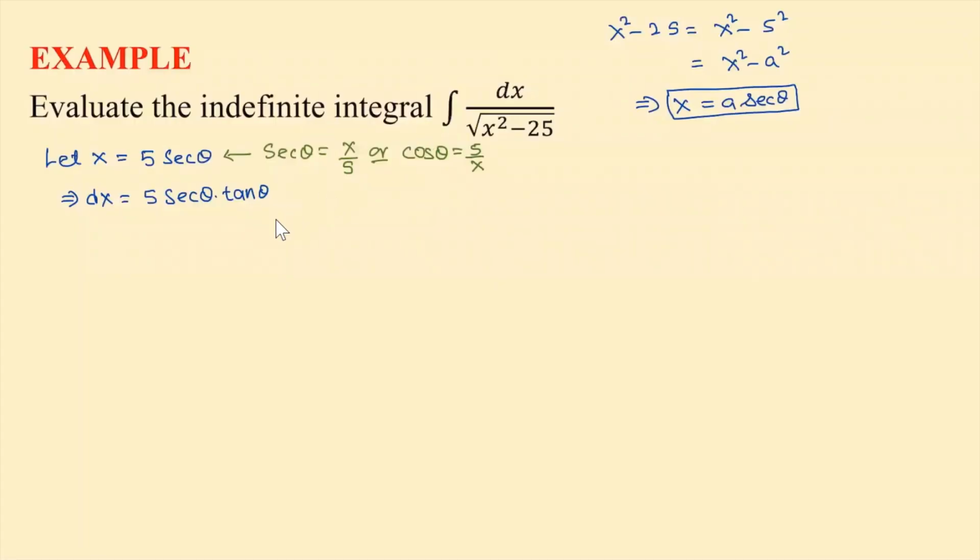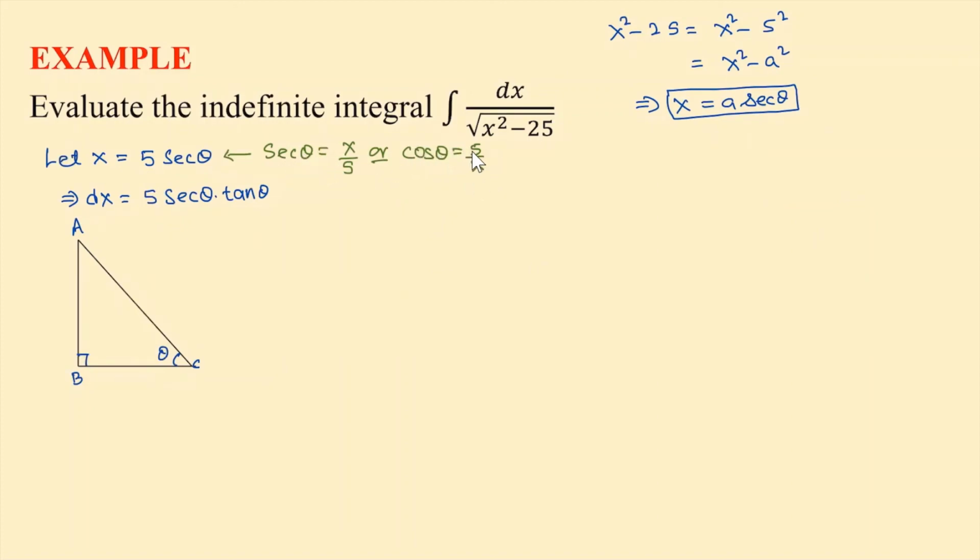Okay, now let's make the right triangle to represent this information. So I'm drawing that triangle here. Opposite, adjacent, and this is the hypotenuse. I'm going to name this triangle ABC with reference angle theta and right angle at B. Cosine theta is 5 over x.